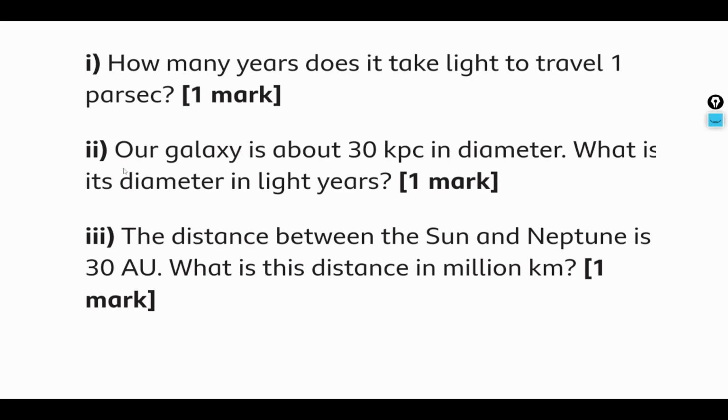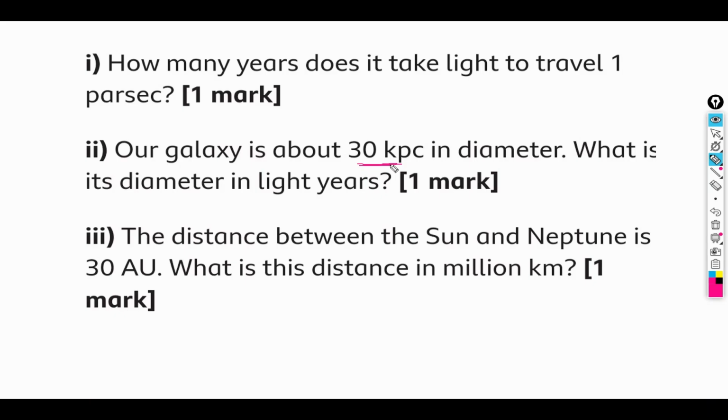Second is, our galaxy is about 30 kiloparsec in diameter. What is its diameter in light year? This is pretty informative. Our galaxy is the Milky Way, and they are saying its diameter is 30 kiloparsec, and as you have seen, 1 kiloparsec is equivalent to 3300 light years.